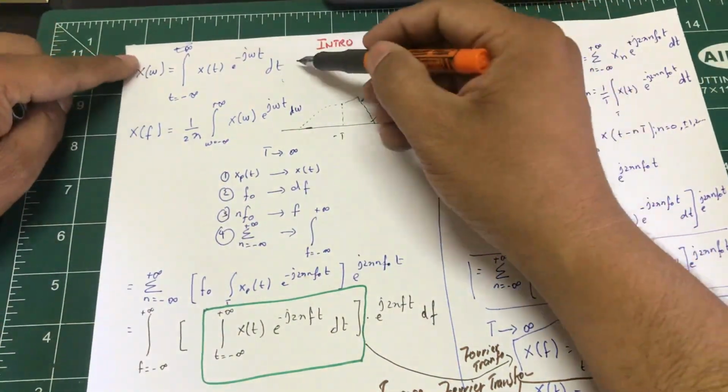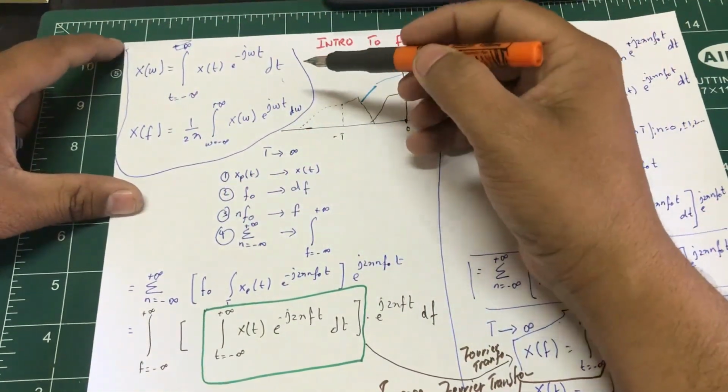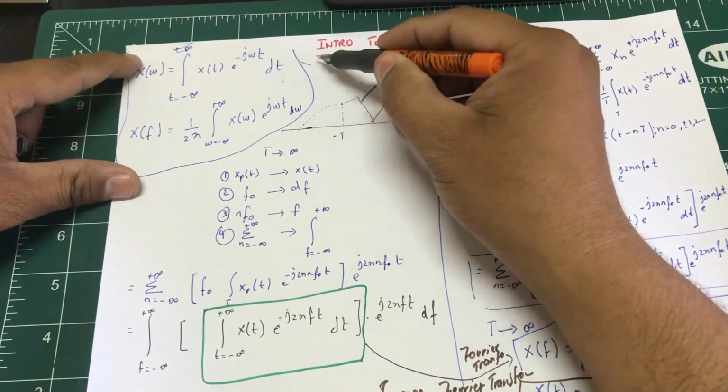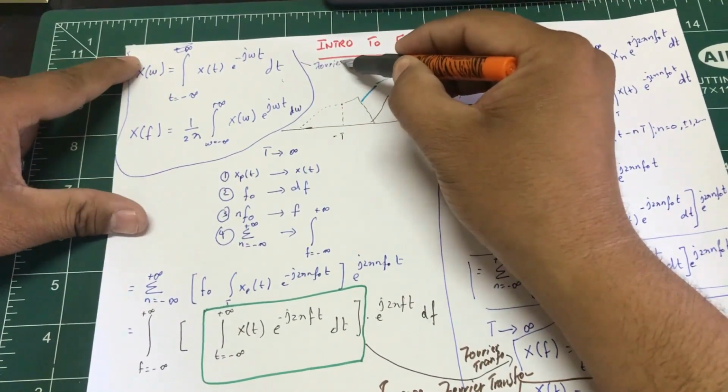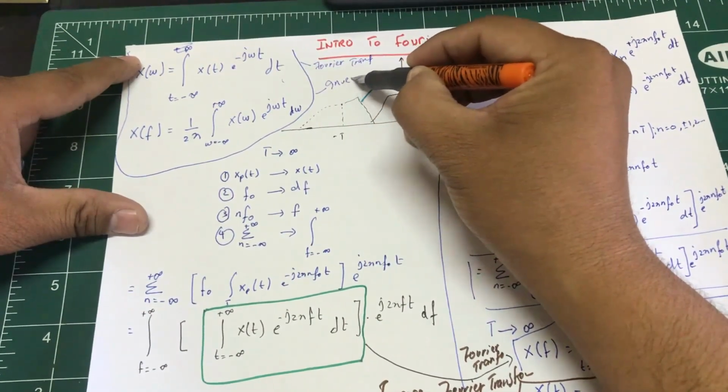All right, so this is another way of looking at the definition of the Fourier transform in terms of omega. So this is your Fourier transform, and this is your inverse Fourier transform.